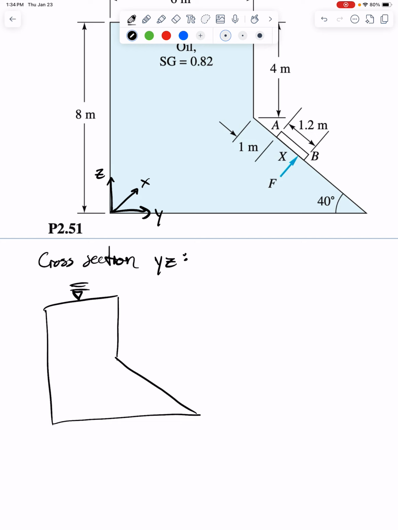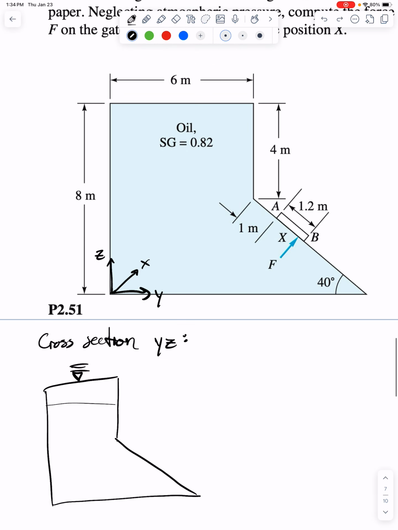One thing to note is that as long as we're at the same height in the water, in this container, no matter where you are, the pressure there is constant along those horizontal lines. So something to keep in mind. So we want to figure out the height of the column sitting above the gate, and to determine the height of the fluid column above it, we want to know the height above the centroid or center of gravity. That's the value that matters to us.